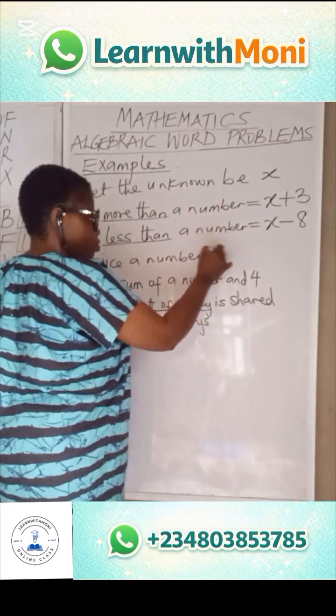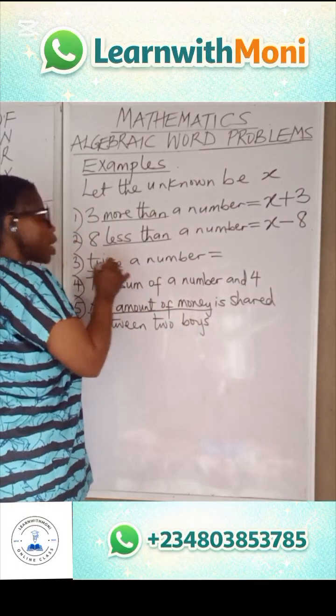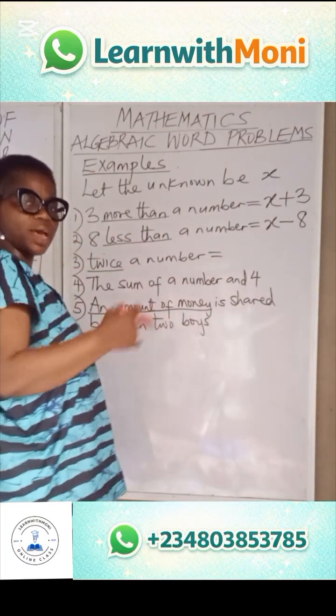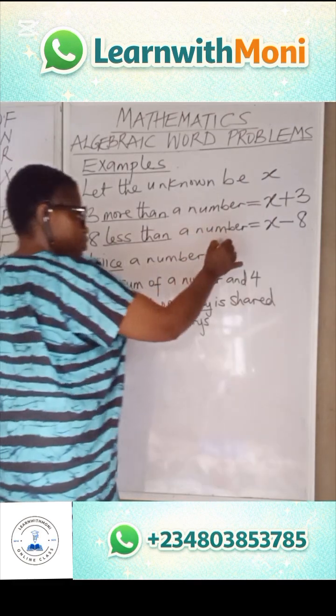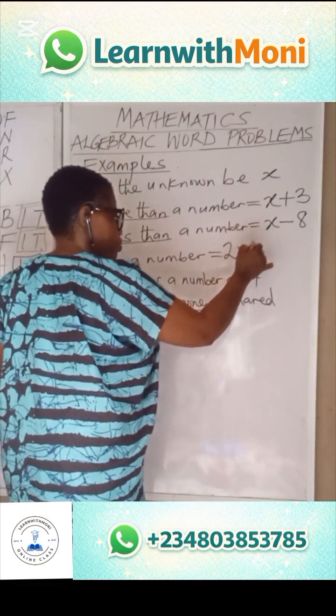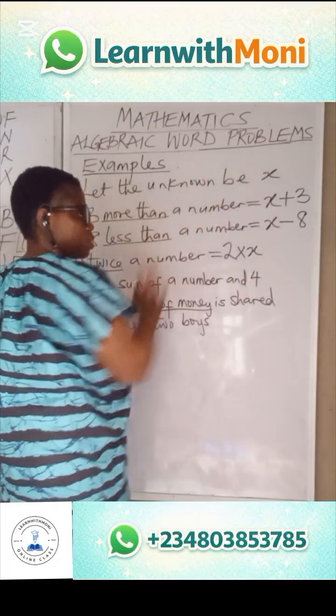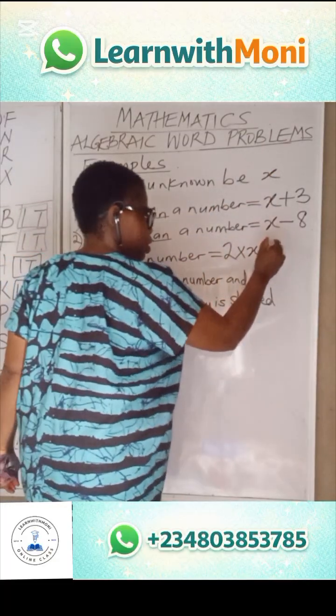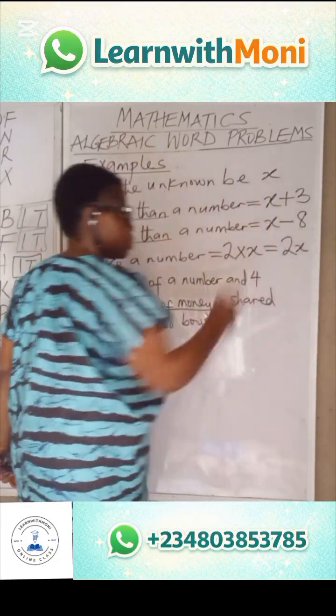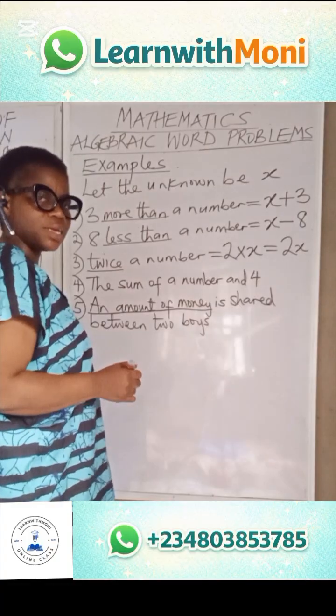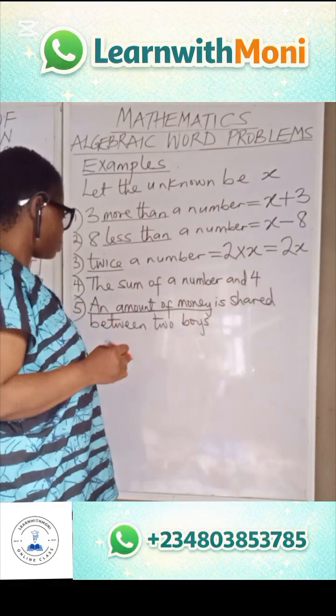We don't know what that number is, but we know that twice means 2 times. So this means 2 times that number. That number we have represented with x. 2 times x means 2x. So twice that number is 2x.